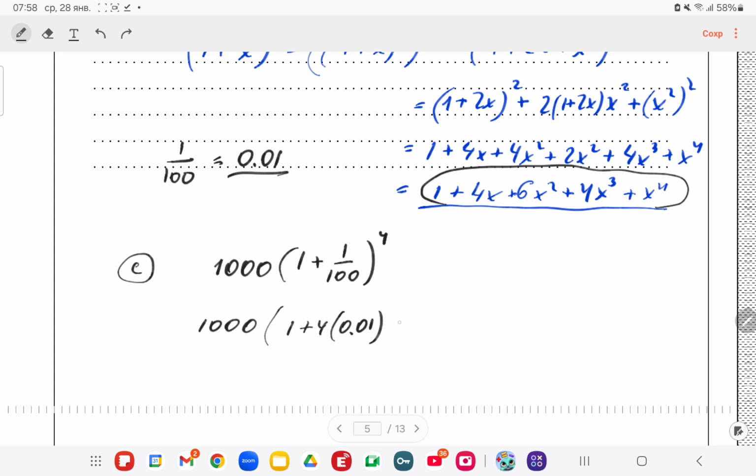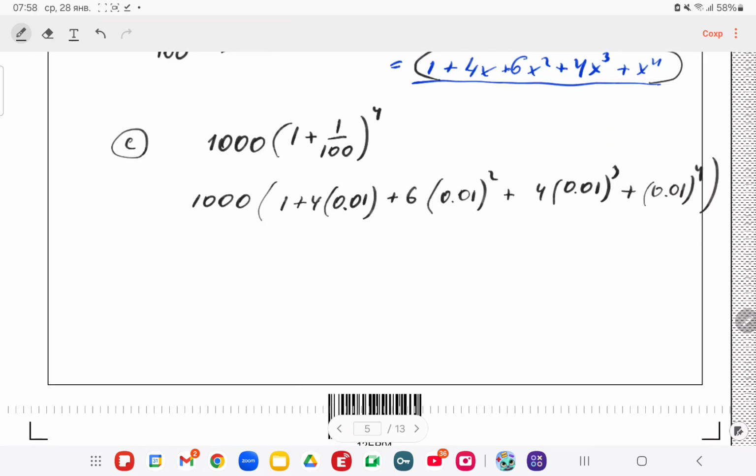Plus 4 times 0.01 squared, and 4 times 0.01 cubed, plus 0.01 to the 4. Okay, and now let's calculate.